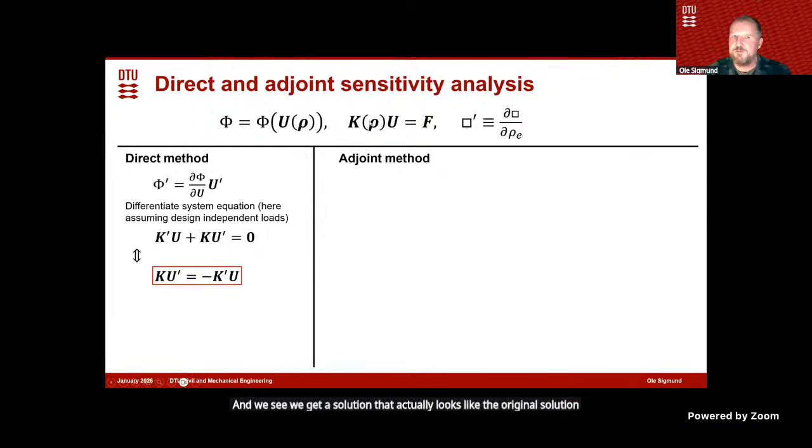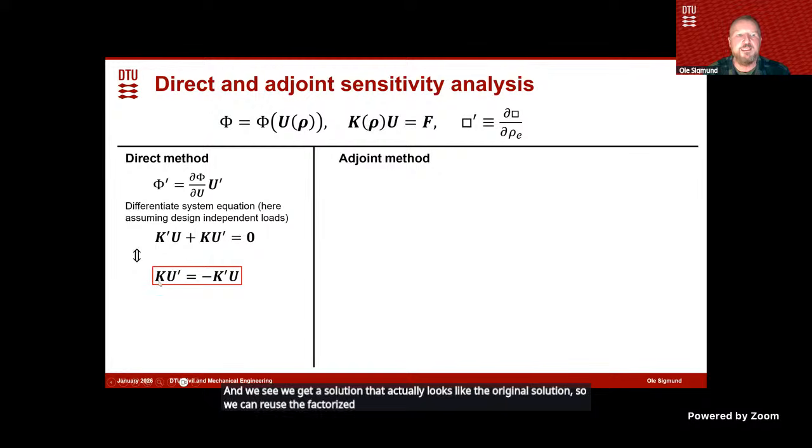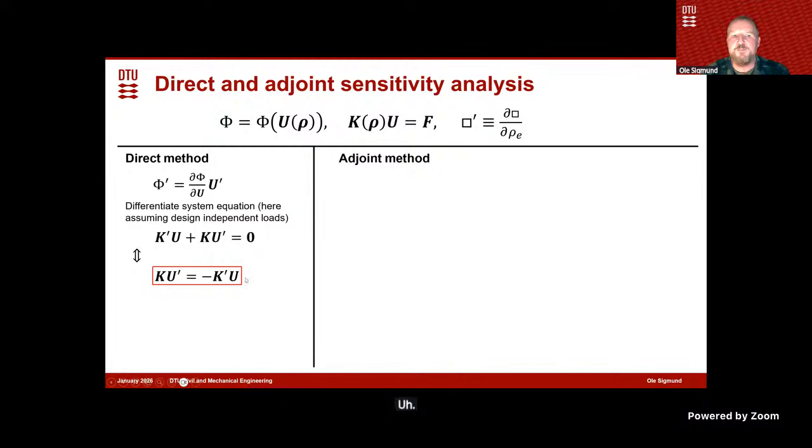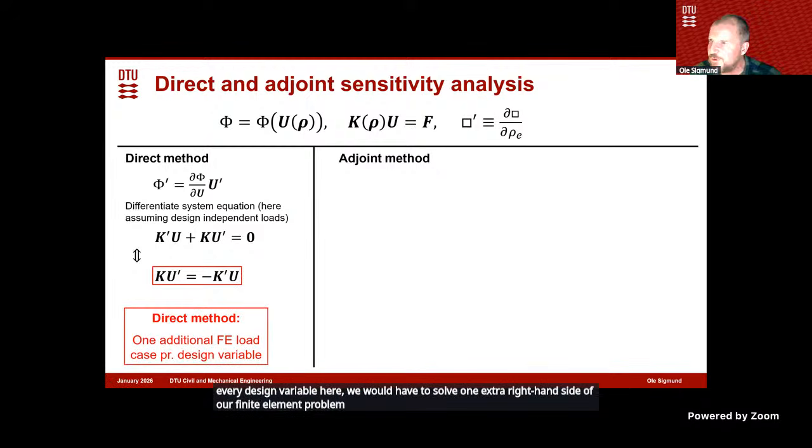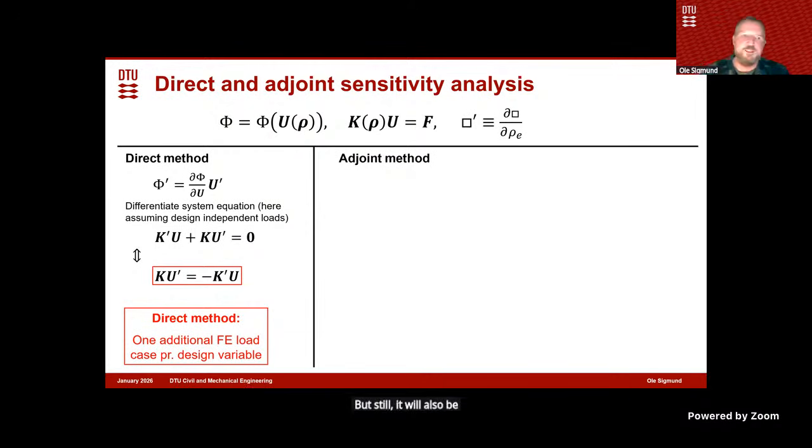So we can reuse the factorized stiffness matrix here. And then we have a load case, which is the derivative of the stiffness matrix times the displacement vector we already found. So this means that for every design variable here, we would have to solve one extra right-hand side of our finite element problem. So that's still much more efficient than doing a finite difference approach, but still it will also be extremely expensive for many variables.